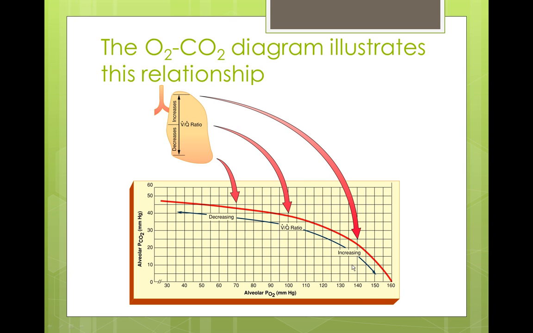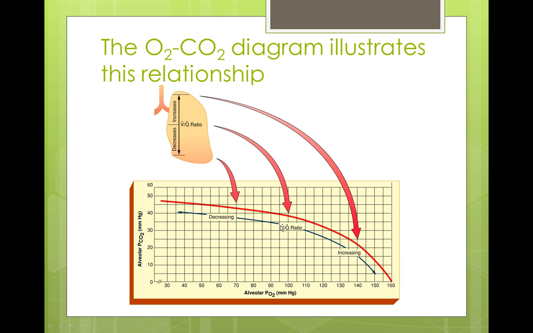But you can guess that if it's very low here, the chances of us getting rid of the CO2 in the bloodstream are going to be low if that is significant. All right, so here's the ventilation perfusion ratio. It's decreasing. That means ventilation is going down or perfusion is going up. As that happens, oxygenation falls and CO2 begins to rise.